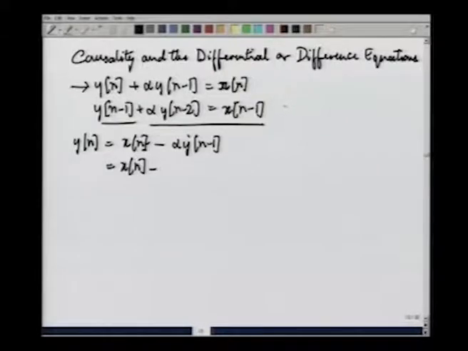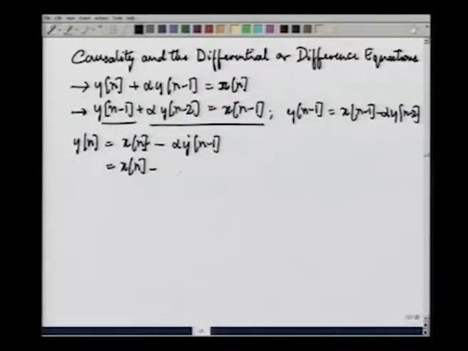Y n minus 1 can be found from this second equation over here, by just rearranging the terms and writing that y n minus 1 equals x n minus 1 minus alpha y n minus 2.